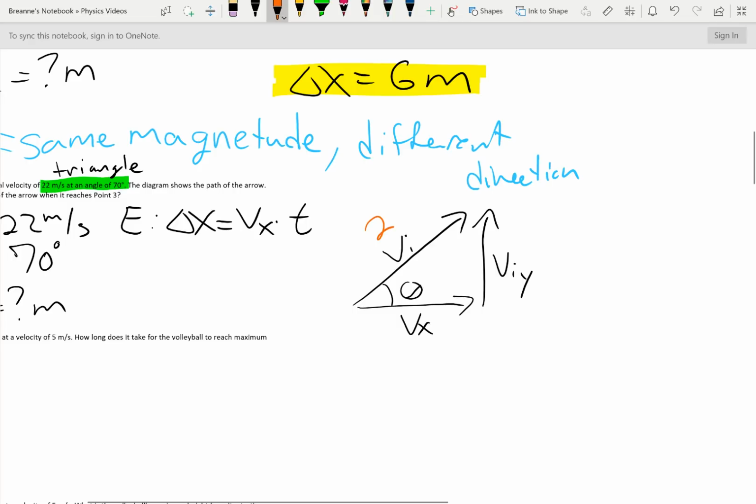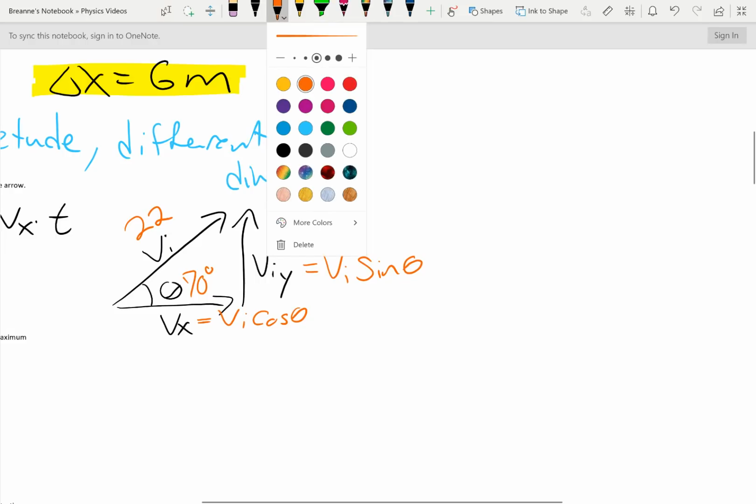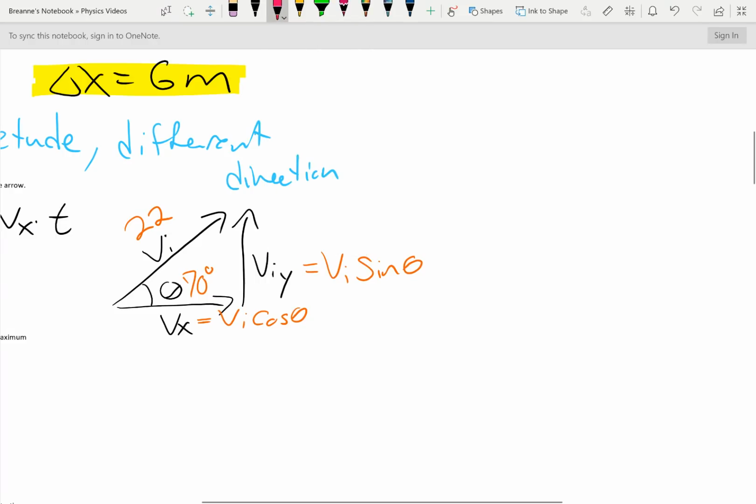So this initial velocity is 22, and our degree is 70 degrees. To solve for our velocity in the x, we're just going to use our initial velocity times cosine of the angle. To solve for our initial velocity in y, we just do initial velocity times sine of the angle. I was able to figure those out because this is your hypotenuse, this is your opposite, and that is your adjacent.